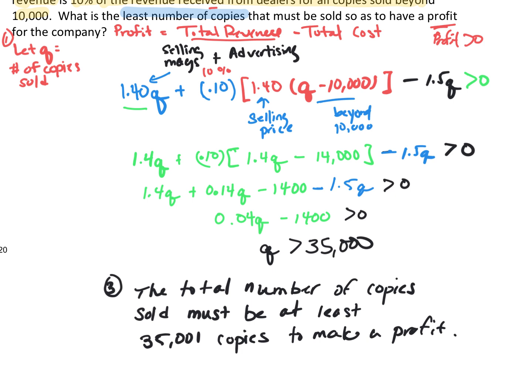Okay. So they can sell 35,002 and still make a profit, but they must sell at least that amount.